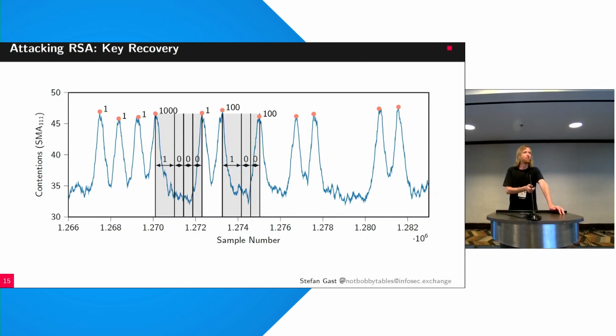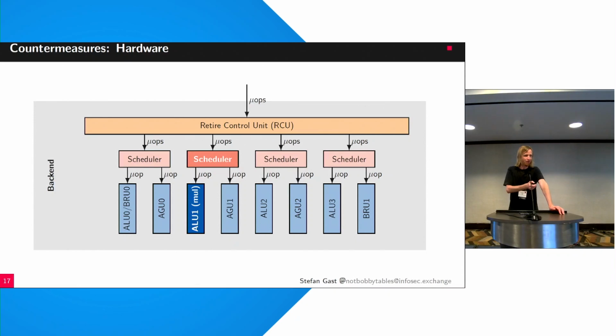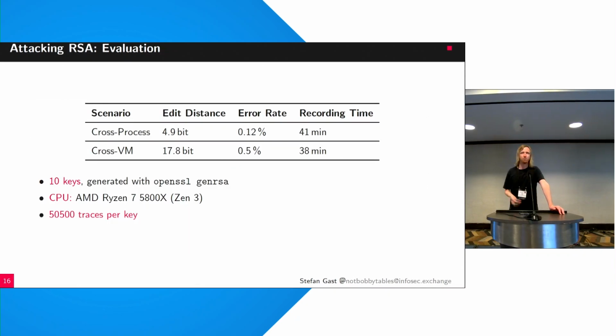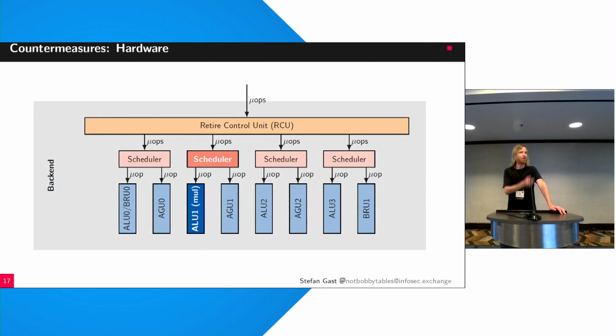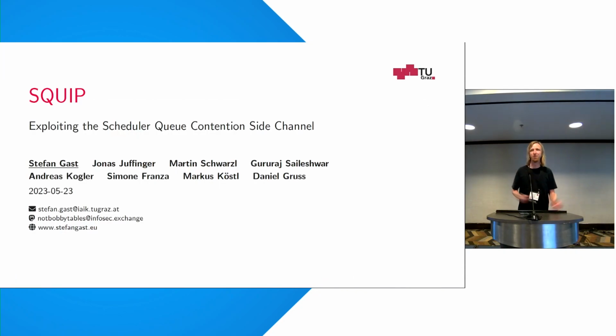This also works quite well. We need about 40 minutes to recover the key with a quite low error rate. There are some countermeasures described in the paper, and with that I want to finish because I'm running out of time. Thanks.